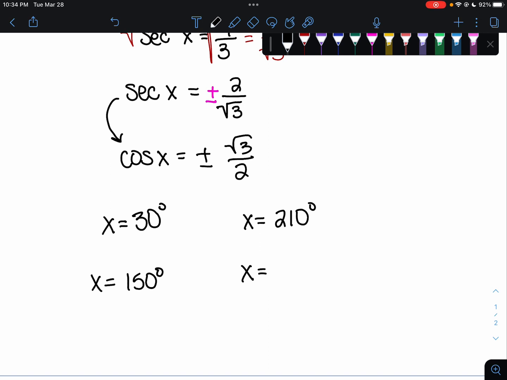And in the fourth quadrant, I would subtract 30 from 360 and get 330. Now, there were no domain restrictions, so the same thing would apply where we add, but this time we're adding 360 to each of these.